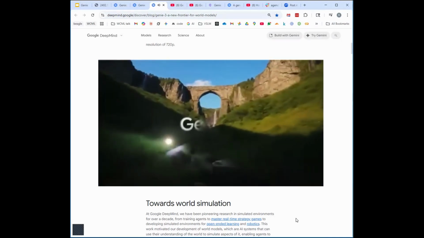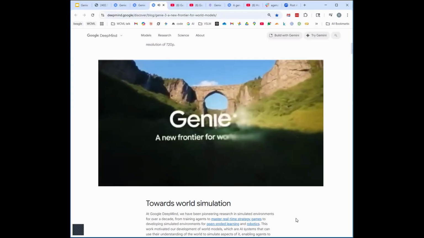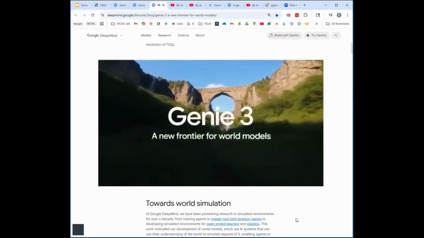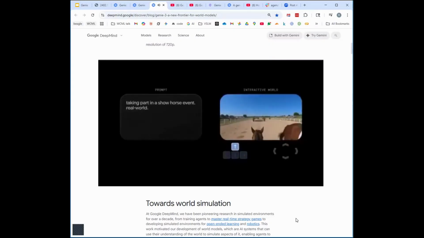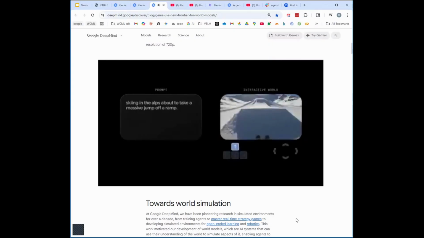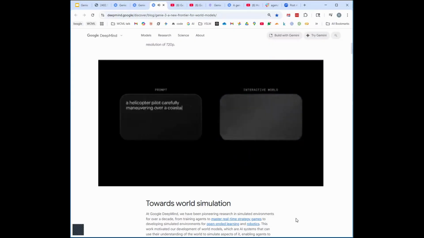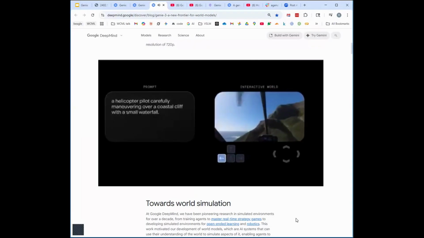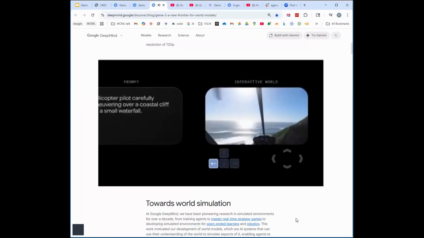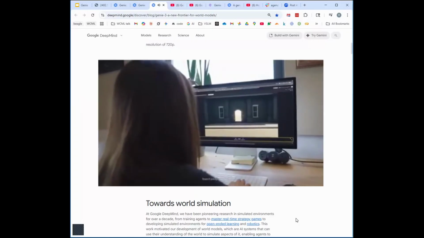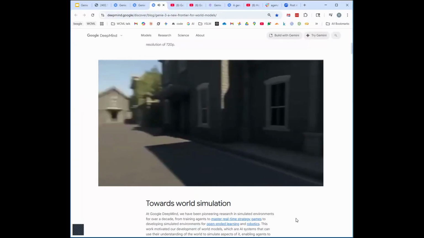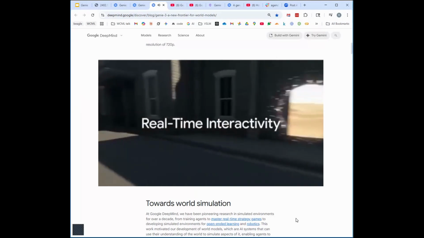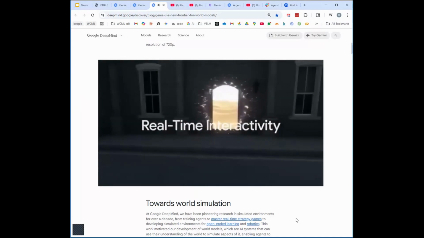What you're seeing are not games or videos. They're worlds. Each one of these is an interactive environment generated by Genie 3, a new frontier for world models. With Genie 3, you can use natural language to generate a variety of worlds and explore them interactively, all with a single text prompt. Let's see what it's like to spend some time in a world. Genie 3 has real-time interactivity, meaning that the environment reacts to your movements and actions.